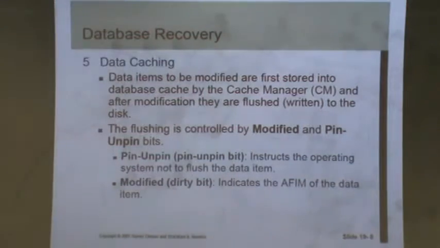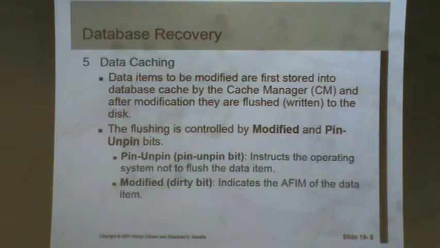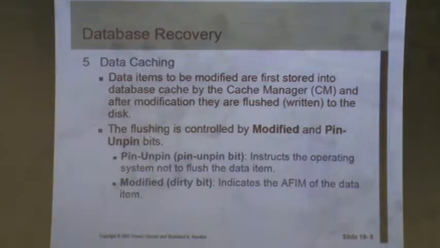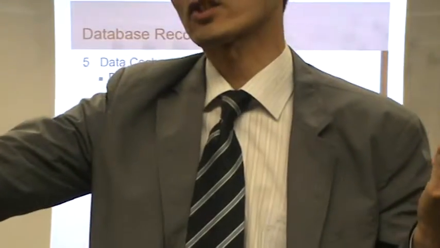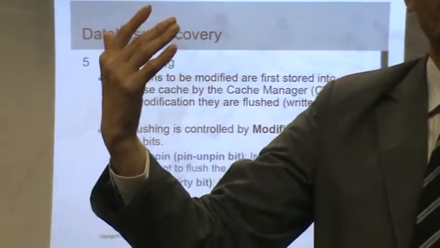As we have seen in the last class, the database also has what is sometimes called the cache manager or sometimes the buffer manager. I mentioned several times the importance of the buffer. One of the main reasons for using a database management system is what? Accessing the data very fast. However, if you compare managing the data with a file system versus the database system itself, the database system is not faster than the file system.